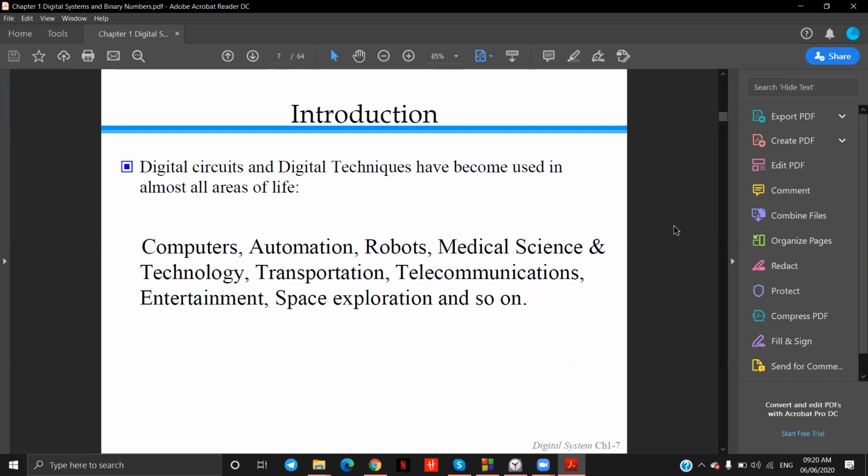So digital circuits and digital techniques are used in almost all areas of our life. Some examples are computers, automation, and robots. We use these digital circuits and techniques in the fields of medical science and technology, transportation, telecommunication, entertainment, space exploration, and so on in our daily life.